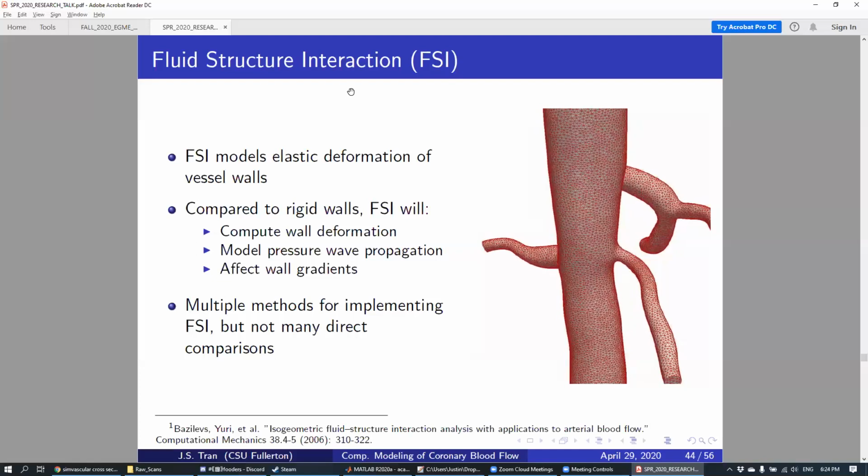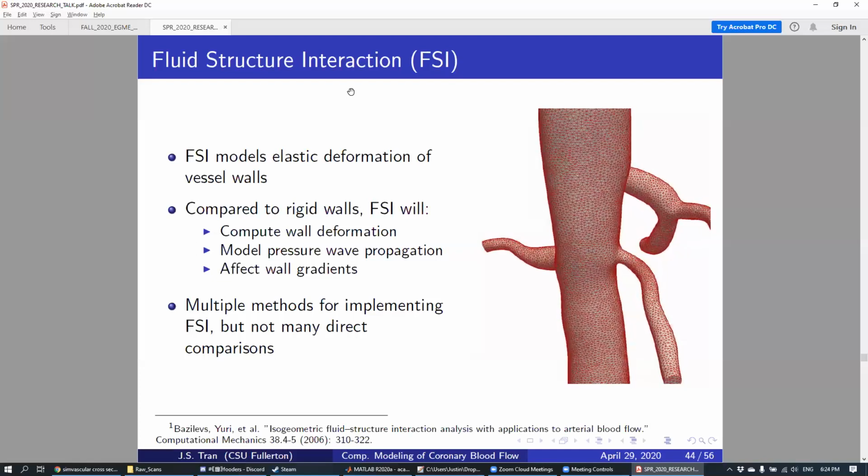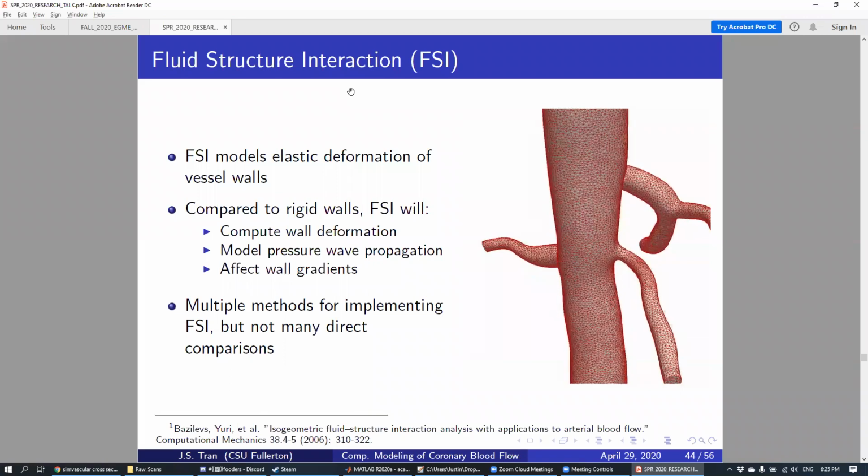Because if you have rigid walls, it's almost as if you had a rigid rod. For a rigid rod, if you tap it or flick it, that wave propagates through the rod at essentially infinite speed, so the other end feels that ping right away. But if you compare that to a jump rope, a flexible rope, and you make a wave on that rope, it takes a little bit of time for that wave to reach the other side.